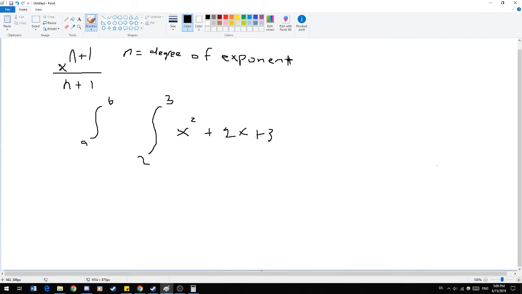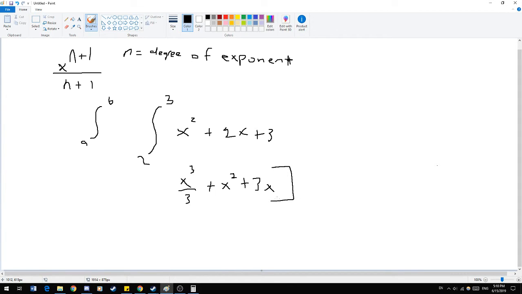And our solution is going to be, we're going to integrate this whole thing first. So it's going to be x cubed over 3 plus x squared plus 3x.